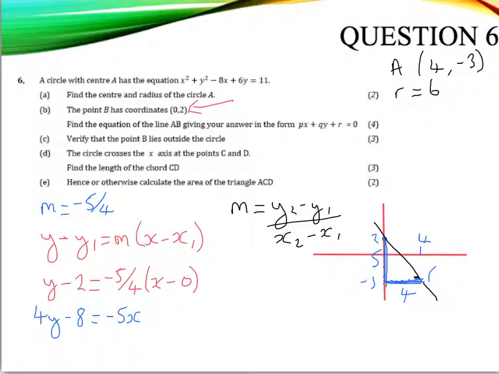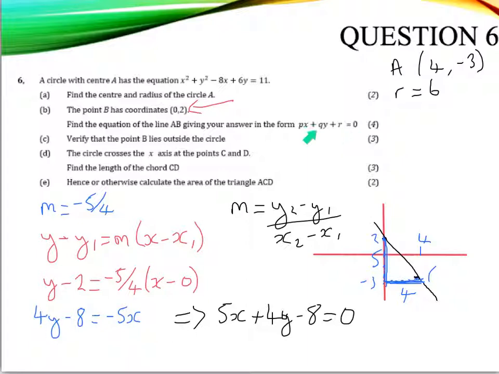Now I want to make sure that I bring everything across to the left hand side, which is going to give me 5x plus 4y minus 8 equals 0. And now I've got it in the right form as well.